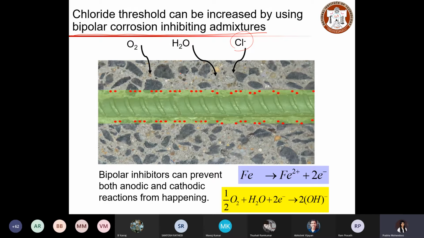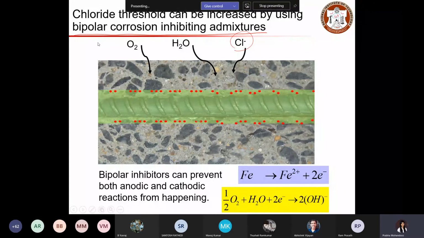This provides a protection layer on your steel rebar, and it enhances the corrosion resistance of your system. The bipolar inhibitor can prevent both anodic and cathodic reactions from happening. So if you add admixtures, especially the corrosion inhibiting admixtures, that is going to prevent both anodic and cathodic reactions.